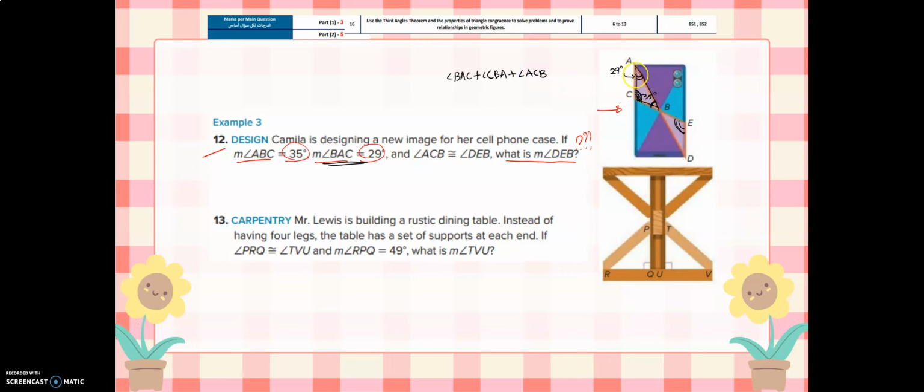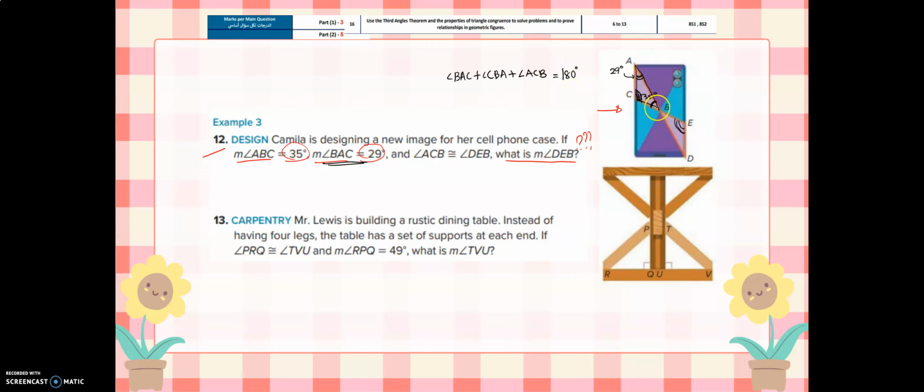So as you can see, this is ACB, and then this is CBA, is equal to 180 degrees. So we already know that the sum of the measure of all the angles of a triangle is equal to 180 degrees.